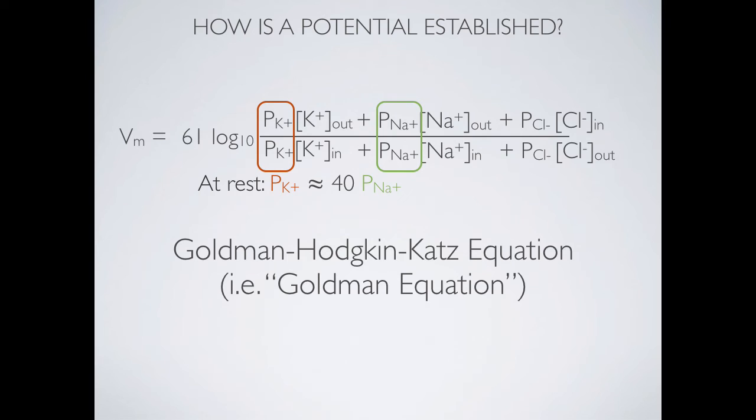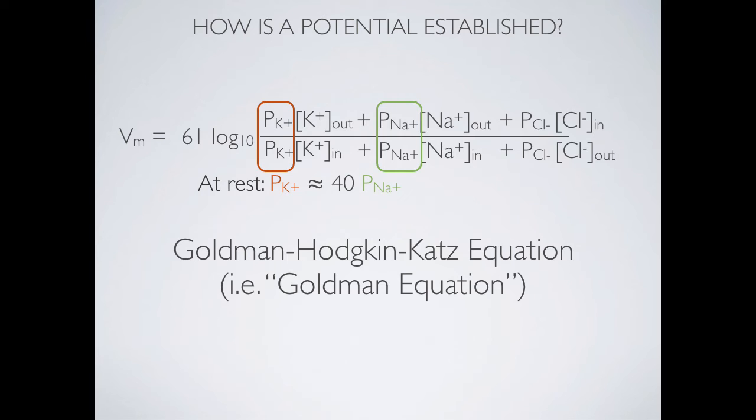So the reason for that flipping has to do with whether or not it makes sense as you go from the interior to the exterior of the cell, given a concentration difference in something that has a negative charge. Notice that we've eliminated valence, which was outside of the base 10 log in the case of the Nernst equation, and now it's incorporated in whether the numbers are on the numerator or the denominator.